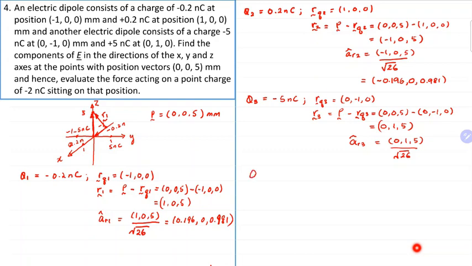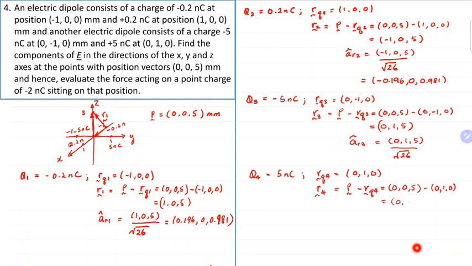And then Q4, 5 nanocoulombs at position vector (0, 1, 0). R4, the vector between Q4 and the observation position, is (0, 0, 5) minus (0, 1, 0).